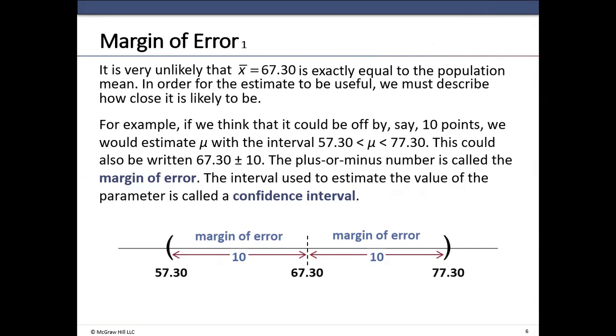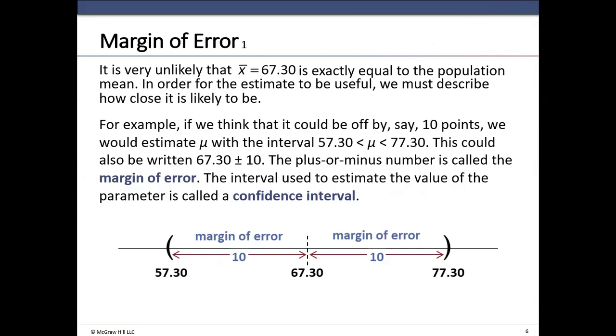Previously it was subtracting, now adding. 67.30 plus 10 is 77.30. This could also be written as 67.30 plus or minus 10. Plus or minus 10 means once we do the subtraction to get the lower boundary, the other time we add 10 to 67.30 to get the upper boundary of the confidence interval.